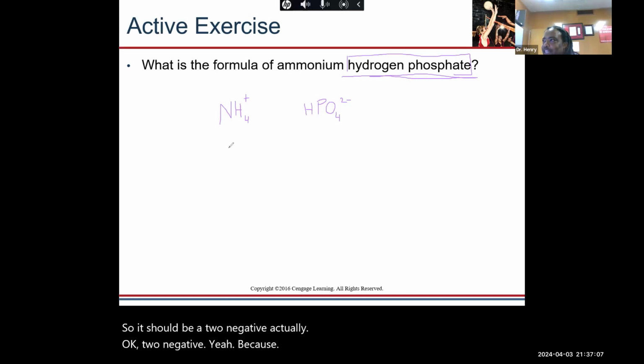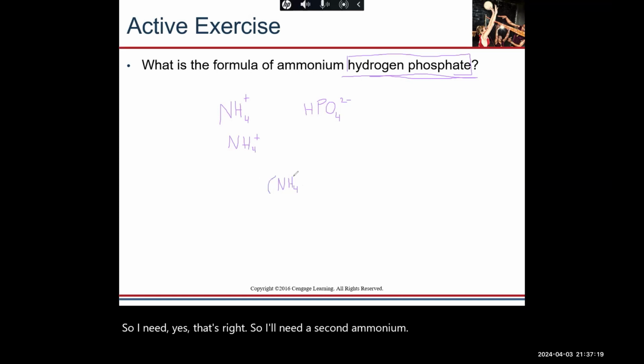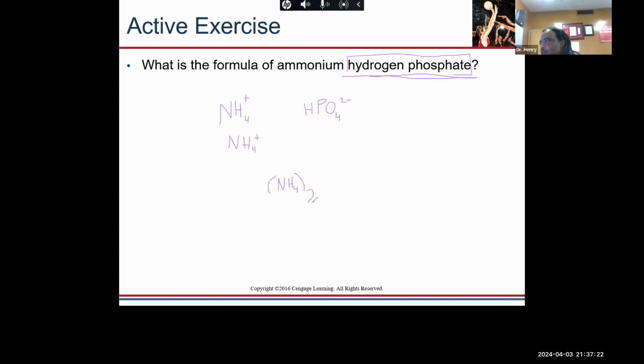Yes, that's right. So I'll need a second ammonium. (NH4)2HPO4. Okay, that's it.